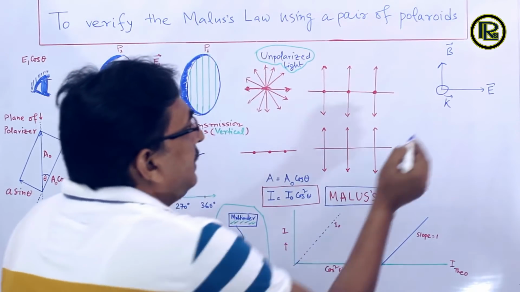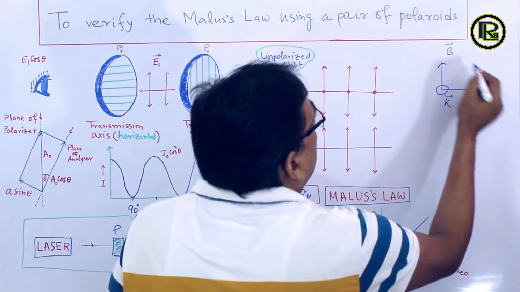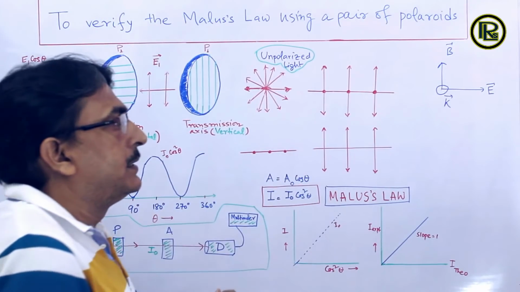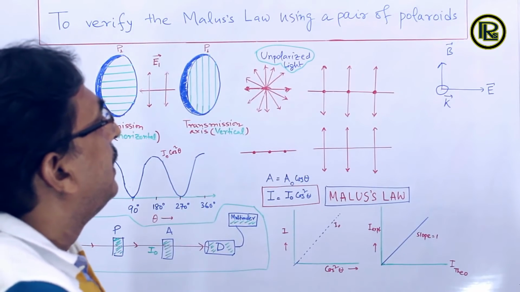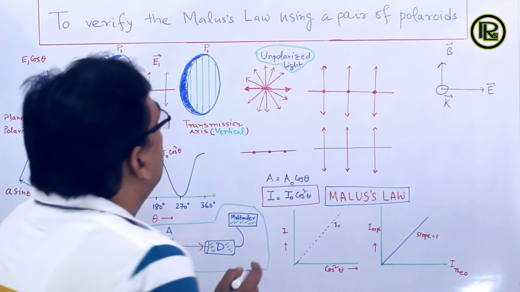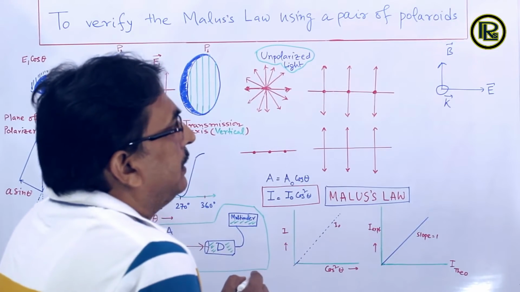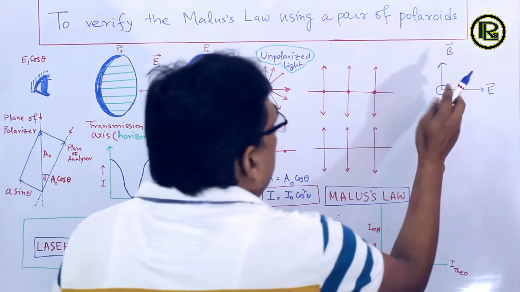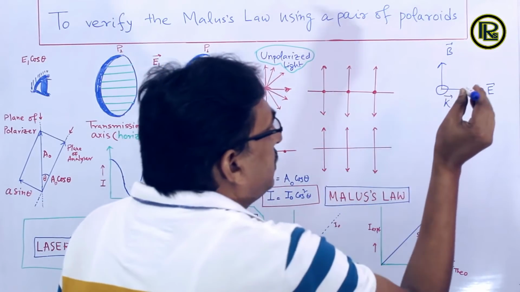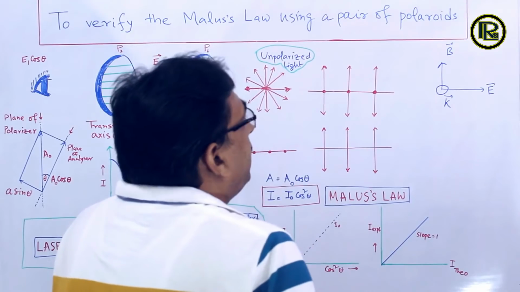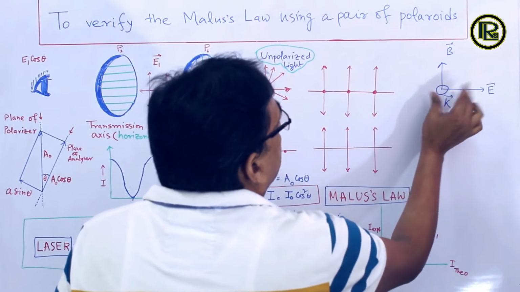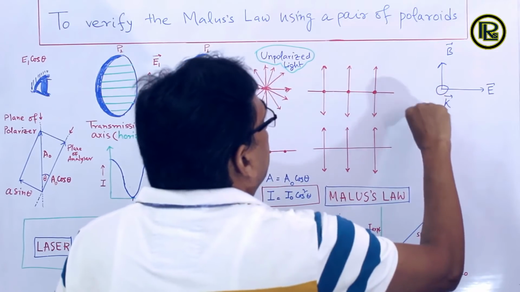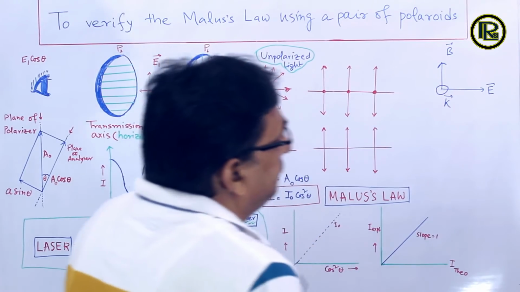And this E and B oscillate, and the vibration in general is like this. So while the light is propagating this way, the electric field has vibration like this, and at the same time it is rotating.